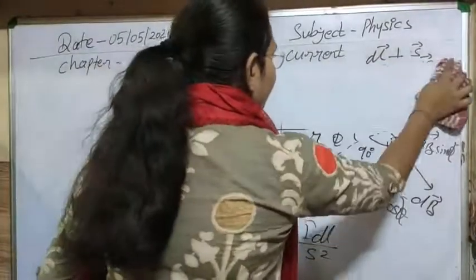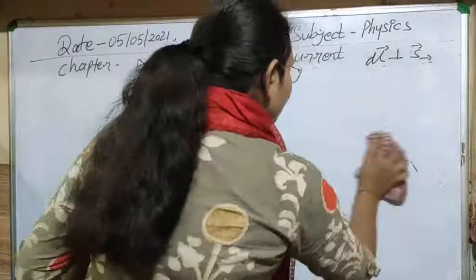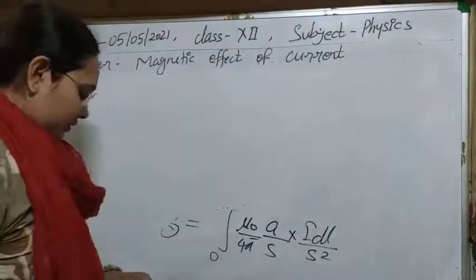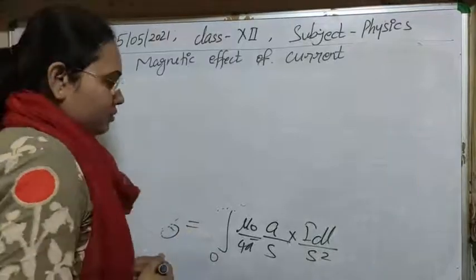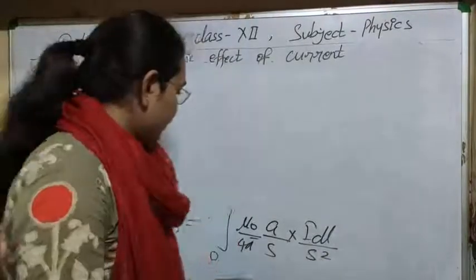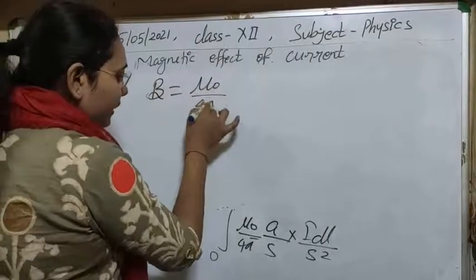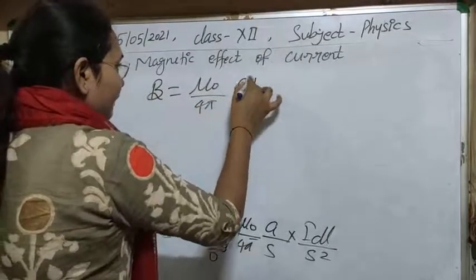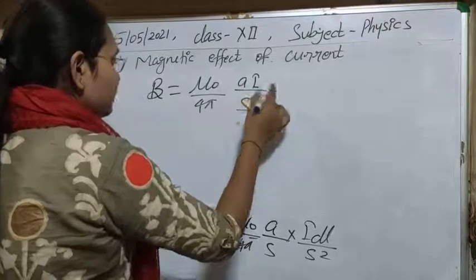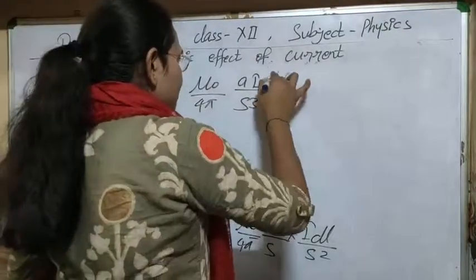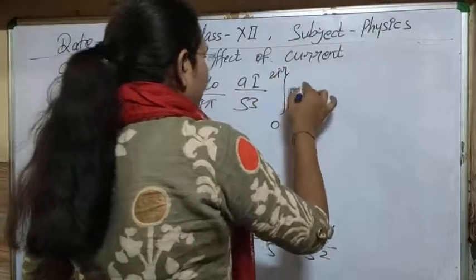So just erase this one factor. In this case, B is equal to mu 0 upon 4 pi into a I upon s cube. This whole factor is common and constant, so this is 2 pi r and dl.